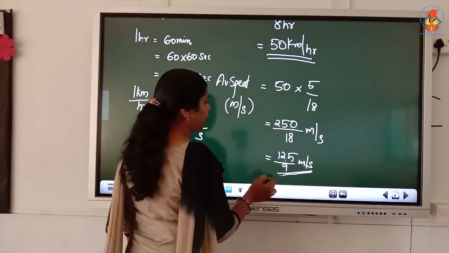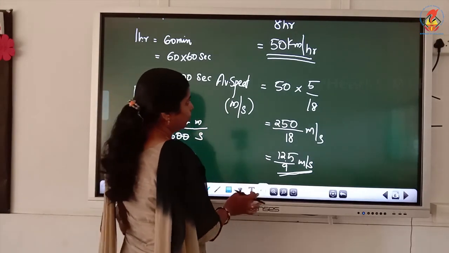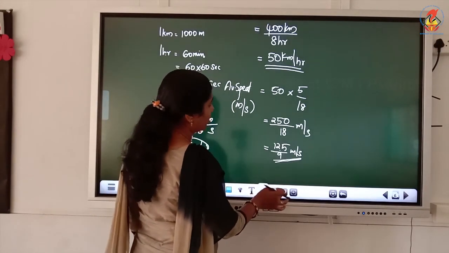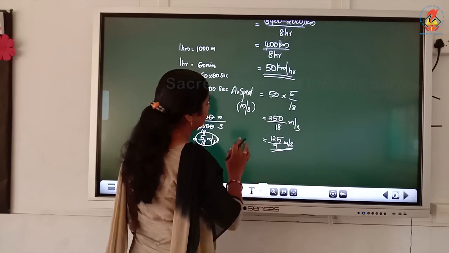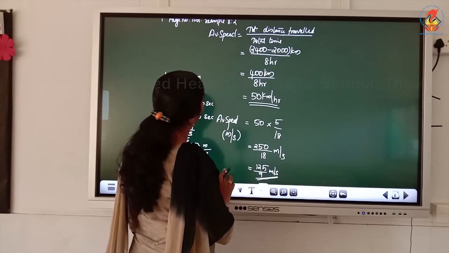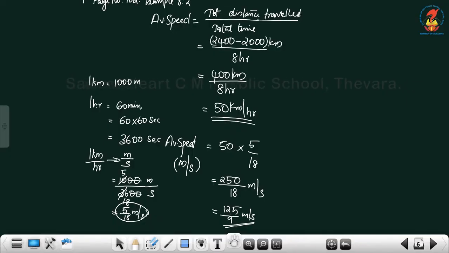125 by 9. So how to do this one? Average speed is equal to total distance by total time taken. You got it as 400 by 8 hours, which gives 50 kilometer per hour.